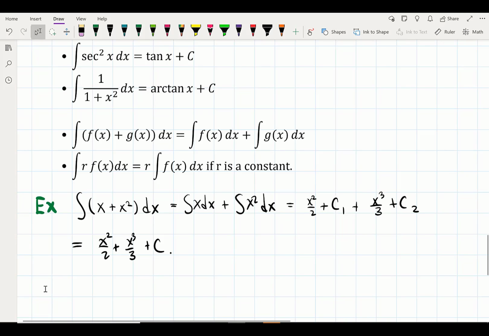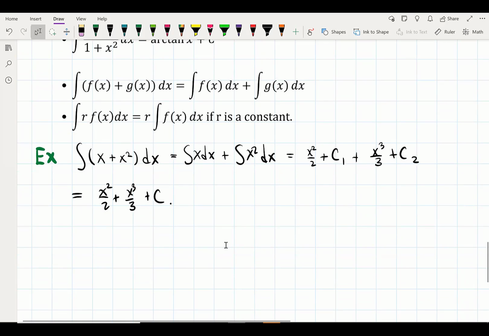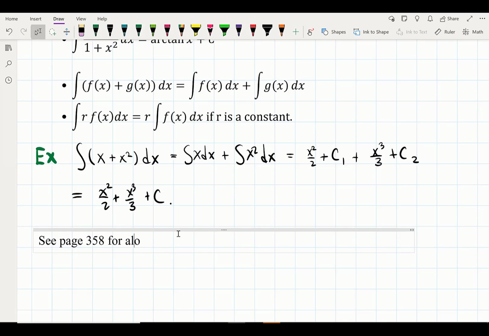Now, let me give you a definition, which means I'm probably going to end right where I ended with my other class. Let me just point out that you can see a longer list of these formulas in the book on page 358, for a longer but similar formula list.